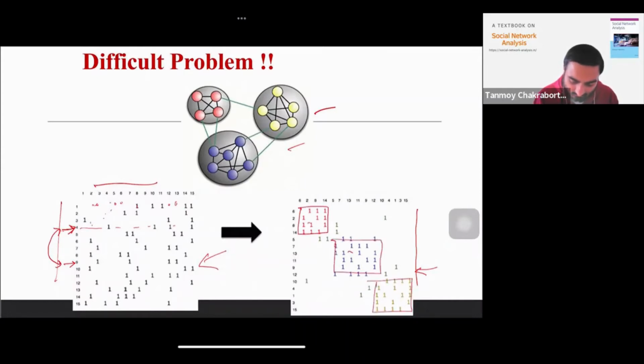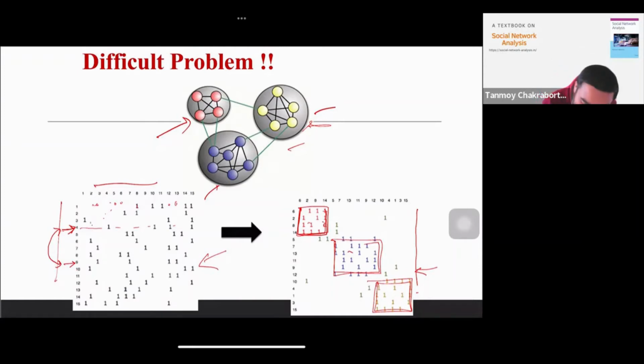The first block corresponds to the first community, the red community. This blue block corresponds to this community, and this block corresponds to this yellow community. Now this is a block diagonal matrix, a diagonal matrix where the diagonal elements form blocks.